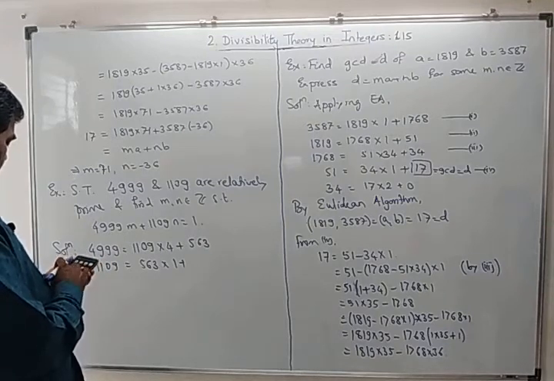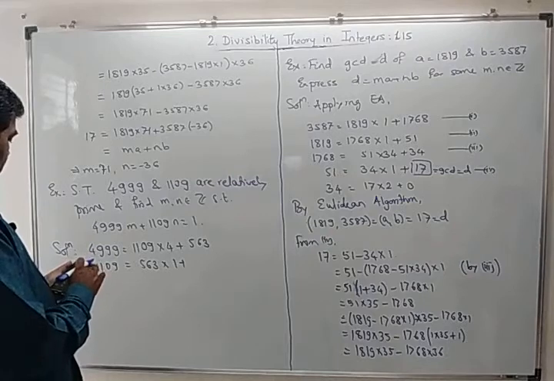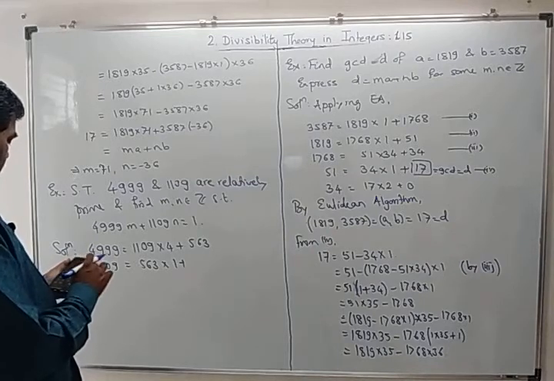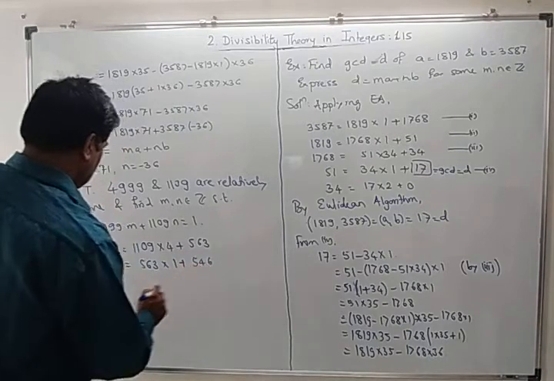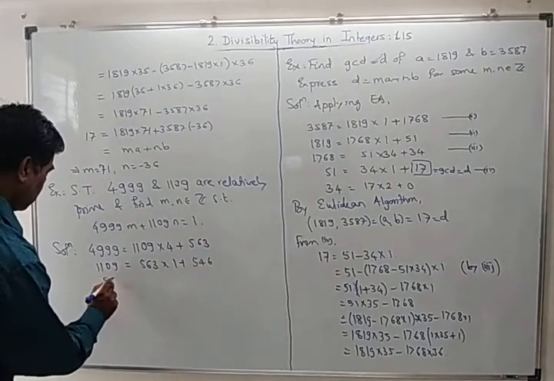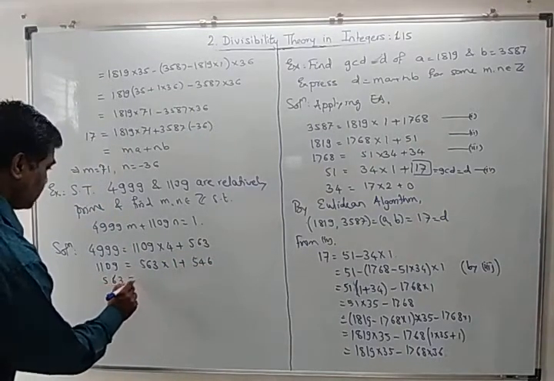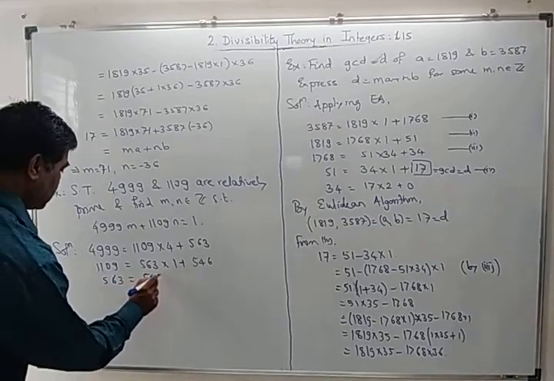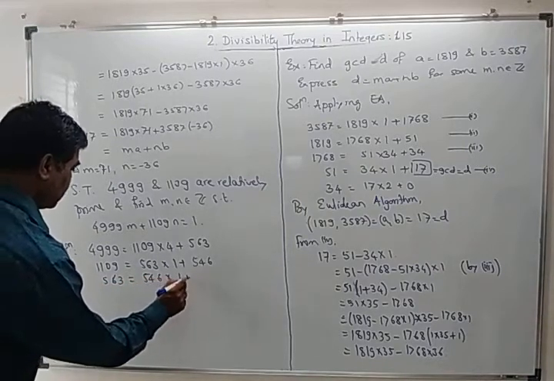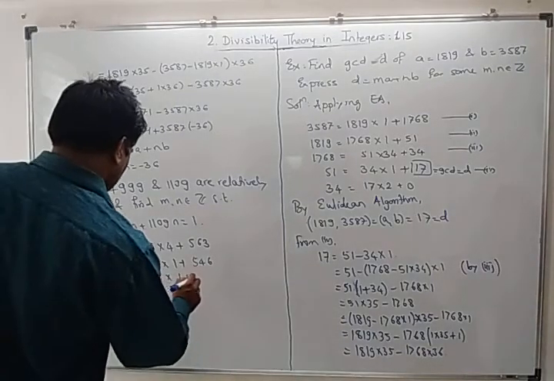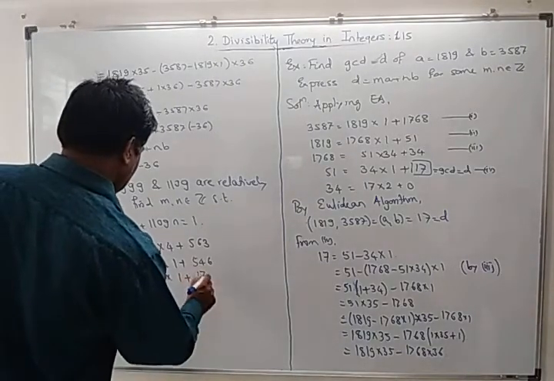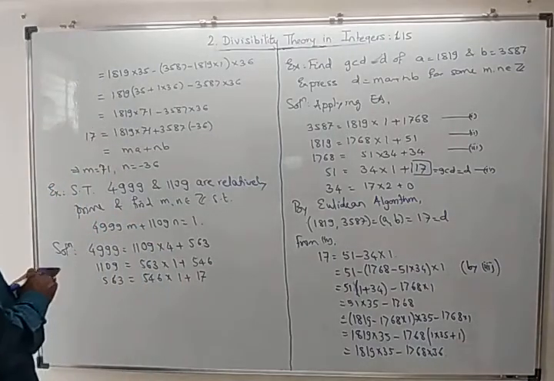So 1109 minus 563 equal to 546. Then 563 is equal to 546 into 1 plus 17.